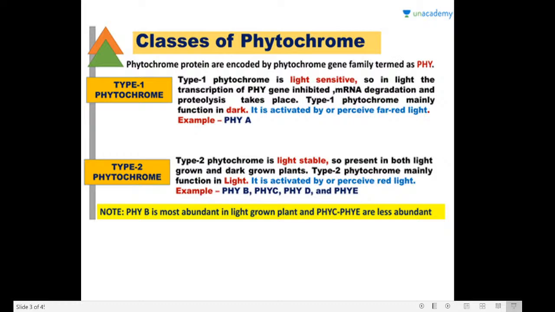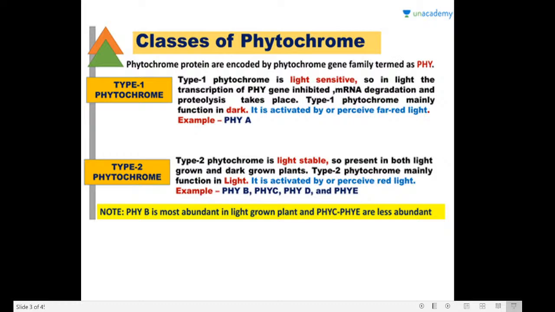One more extra point: in this light, the transcription of the phytochrome gene is inhibited, so mRNA degradation happens in the plant, and proteolysis takes place in the plant. It's a sequential process. Once type 1 phytochrome absorbs the light, that is very sensitive, the transcription of the phytochrome gene is inhibited.